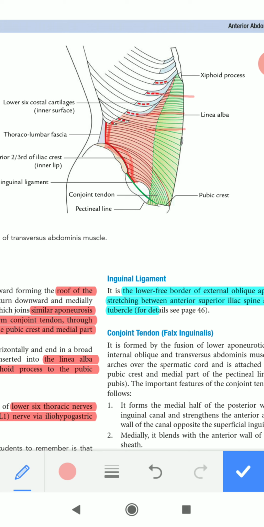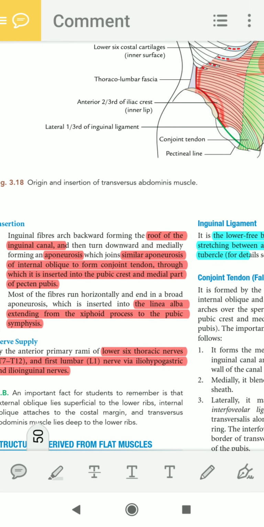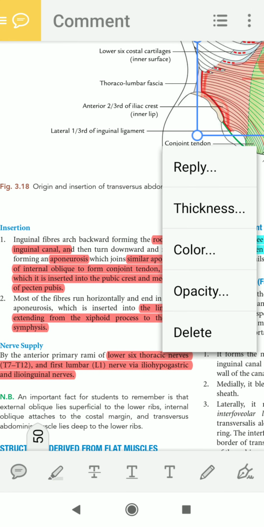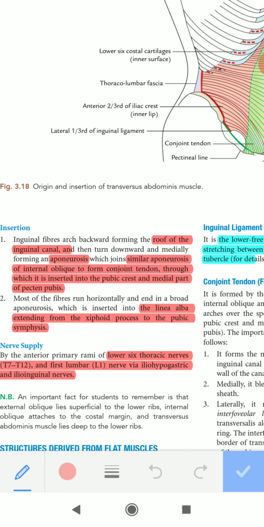Now the insertion. It is inserted in the roof of the inguinal canal, and it also joins with the aponeurosis of the internal oblique and forms the conjoint tendon, which is ultimately inserted in the pubic crest and pecten pubis. Then it is also inserted in the linea alba, extending from the Xiphoid process to the pubic symphysis.